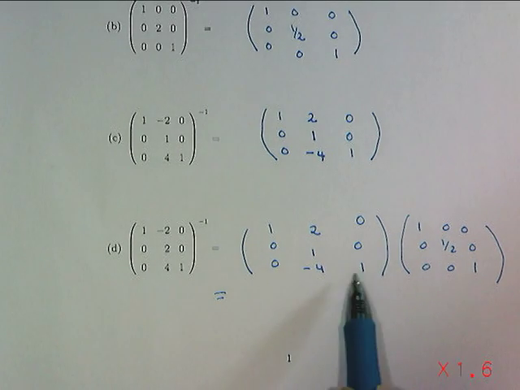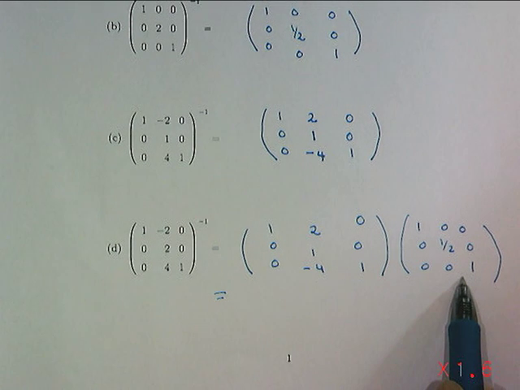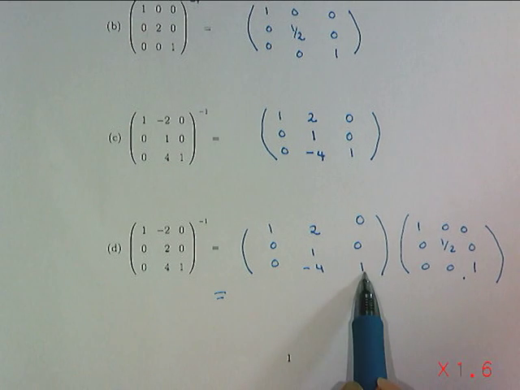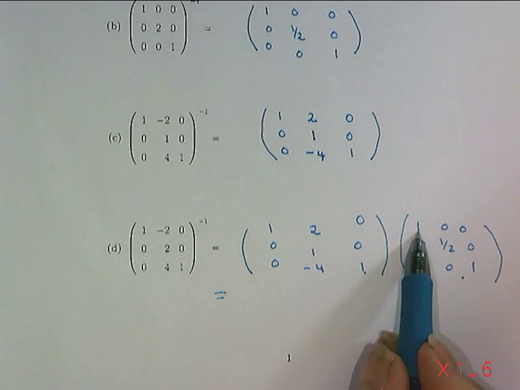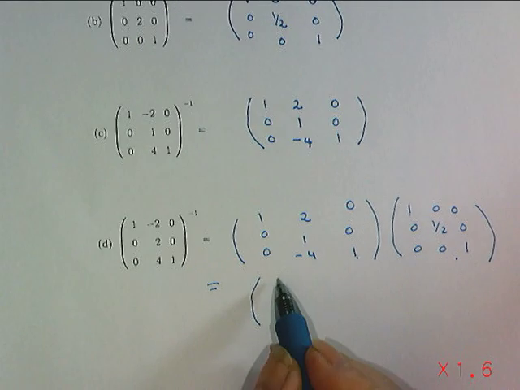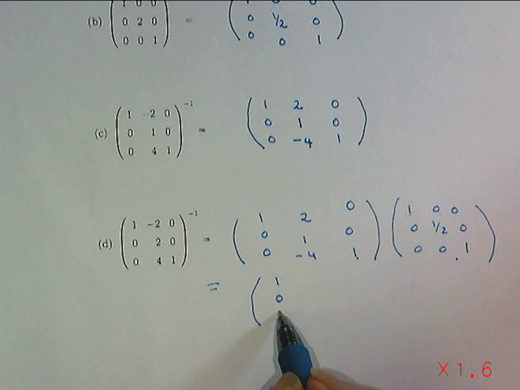I'm multiplying a matrix by a diagonal on the right, and that means that what happens is the columns of my original matrix are scaled by the diagonal elements. So the first column will remain 1, 0, 0.